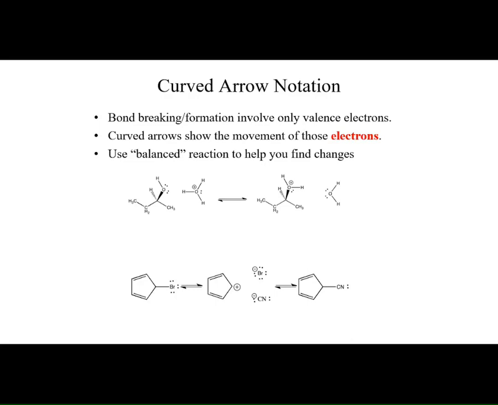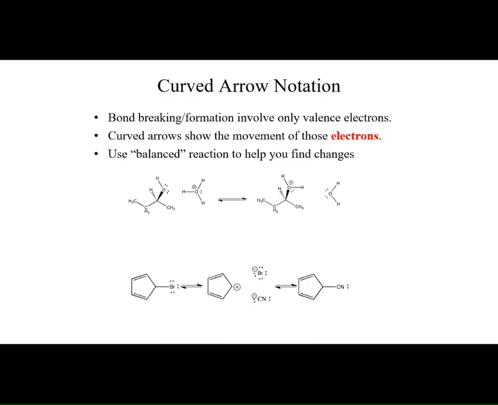These are the movement of electrons. We see the presence of atoms already shown in our reactions. So what we're going to try and do is use the arrows to draw attention to the electrons. And that becomes the tricky part, because we rarely, if ever, show electrons, at least early on in this unit, and maybe for the rest of the semester.